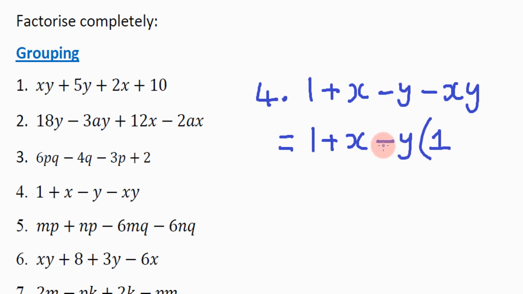Then, very important, a minus times a plus will give us a minus. And y into xy, the y's cancel and we're left with x. Now, if we put brackets around the first 2 terms, we see that it's a repeated factor or a common factor. So 1 plus x is a common factor, and we're going to take it out as such.